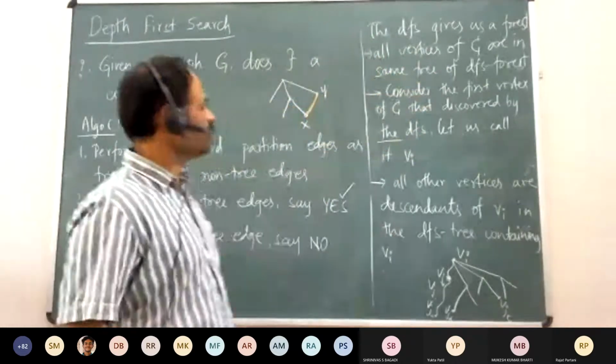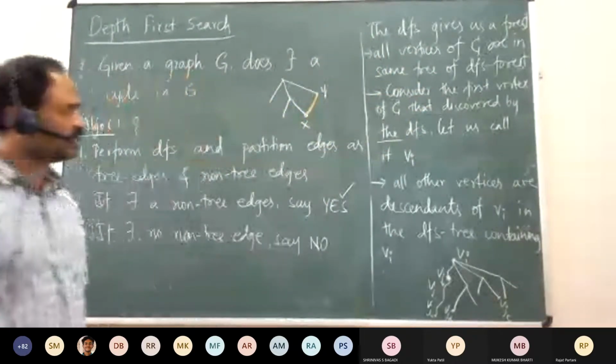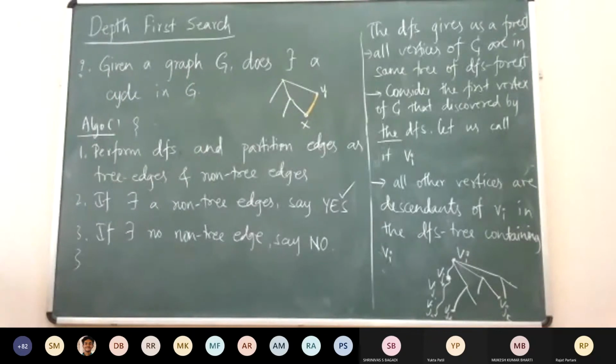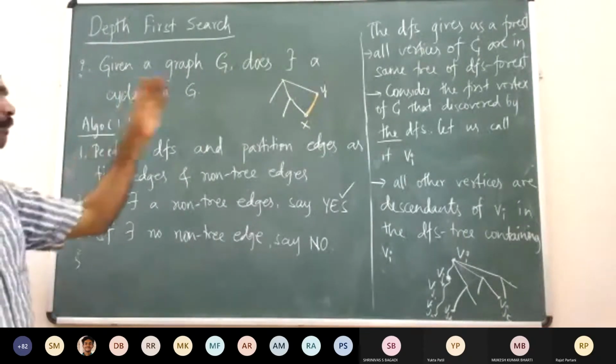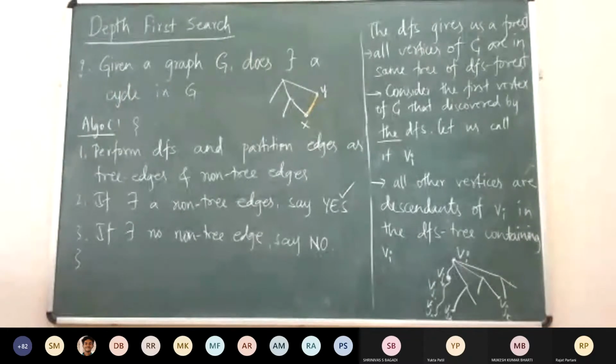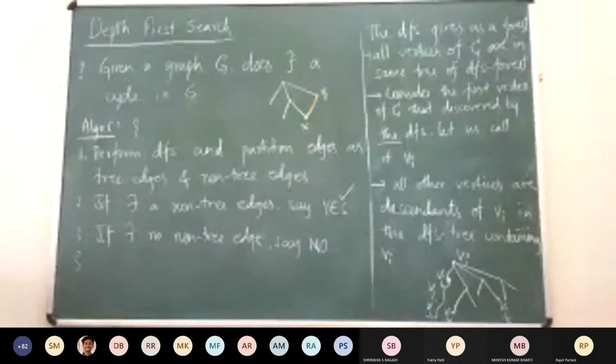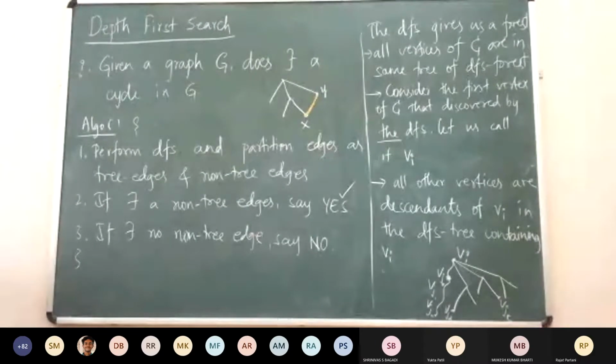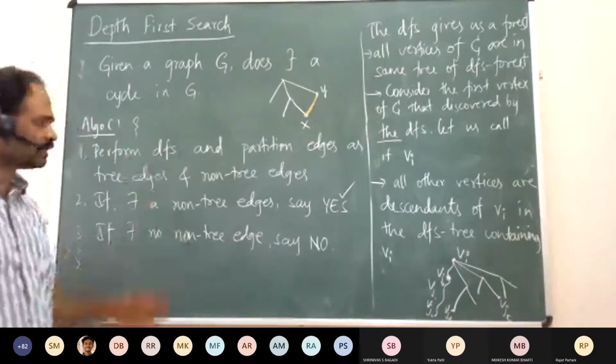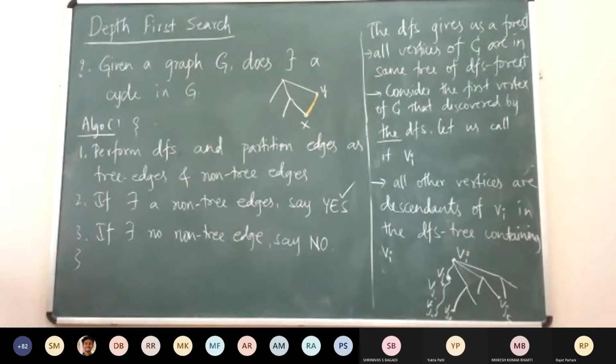Then all the vertices of the cycle C in the graph are in the same tree of the DFS forest. Consider the first vertex of the cycle that was discovered by the DFS. Then all the other vertices are descendants of this first vertex in the DFS tree.